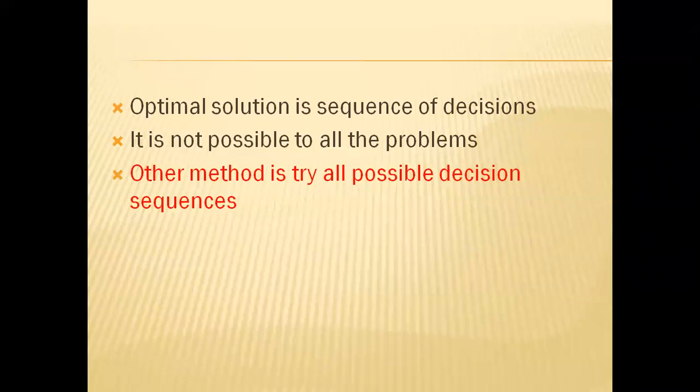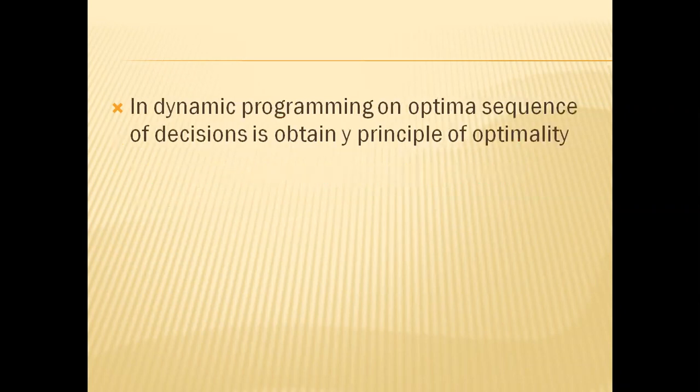So in dynamic programming, all possible decision sequences are considered, and the optimal sequence of decisions is obtained by the principle of optimality.